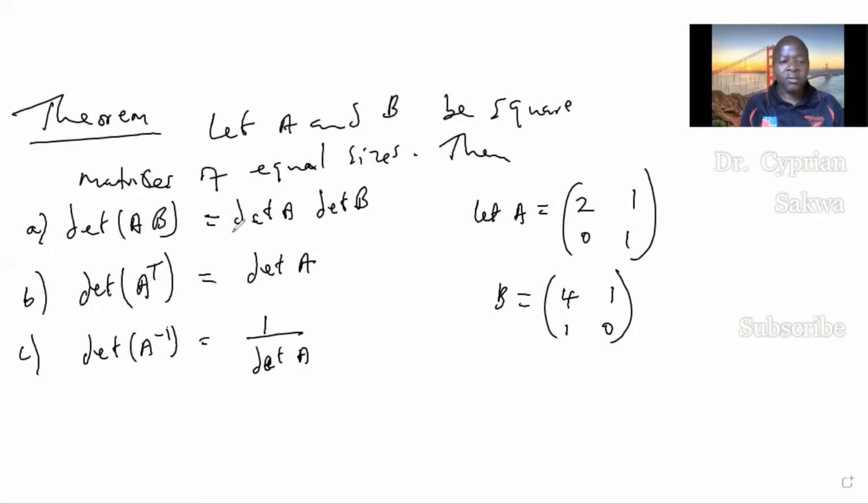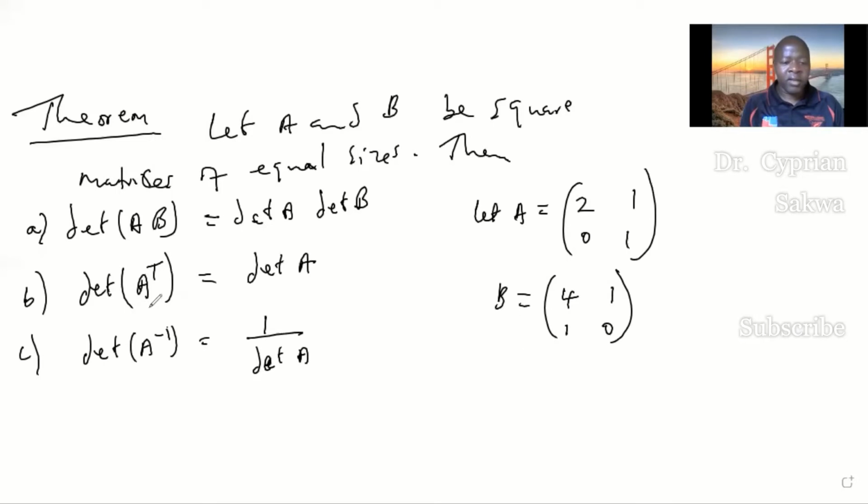So you first of all multiply A and B, and then get the determinant of the resulting matrix, and see whether it's the same as det A times det B, because you can find det A here to be 2, and det B here to be negative 1. So det A times det B will be 2 times negative 1.